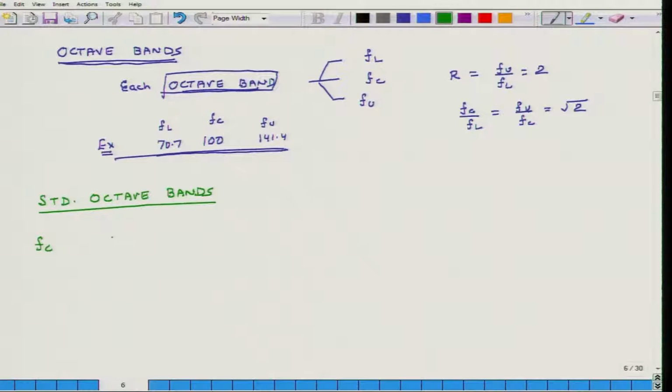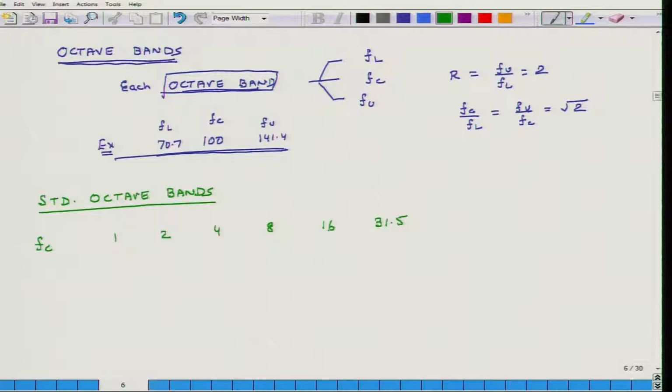The first band has a central frequency 1, the next band central frequency will be 2. So, central frequency keeps on getting doubled because it is an octave band. 4, fourth is 8, then I have 16, then 31.5.